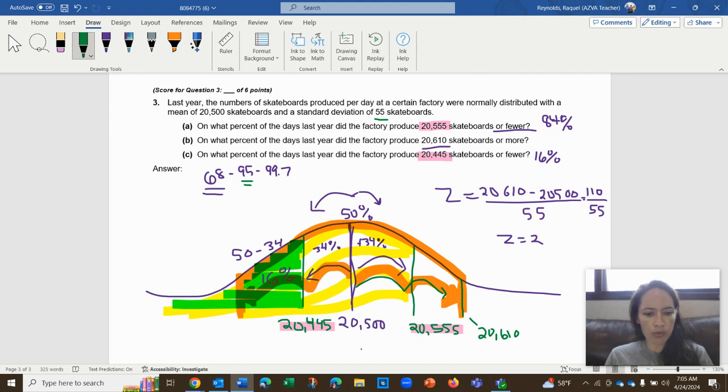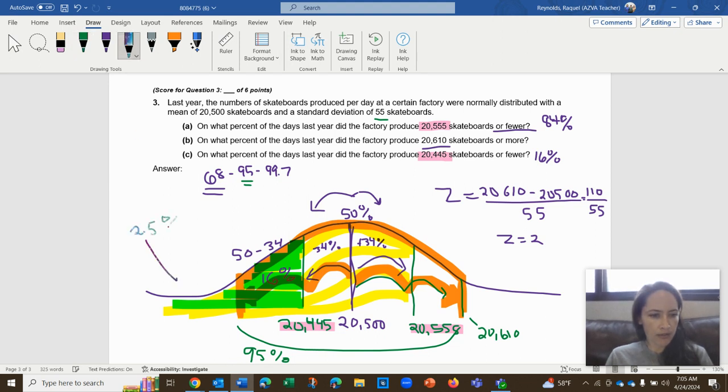That's what that part means. So we have 95% of our data between those two portions. So that leaves us in the tails 2.5% over here and 2.5% over here. Because 95 plus 2.5 plus 2.5 is 100%, and the area under the curve is 1 or 100%. Okay? So that's the cool part.